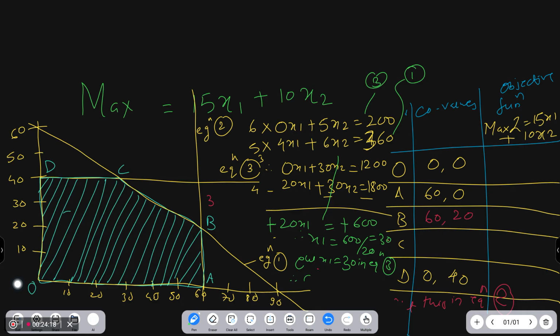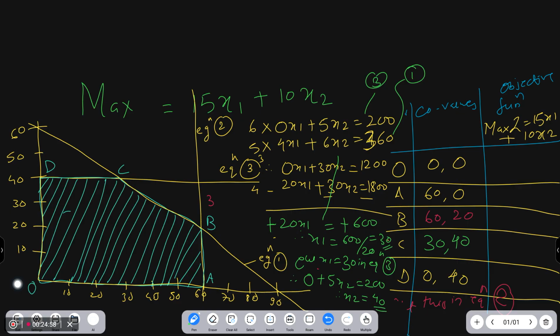Therefore, 0 plus 5x2 is equal to 200 and therefore x2 is equal to 40, because 200 is divided by 5. So what are the C coordinates? x1 is 30 and x2 is 40.